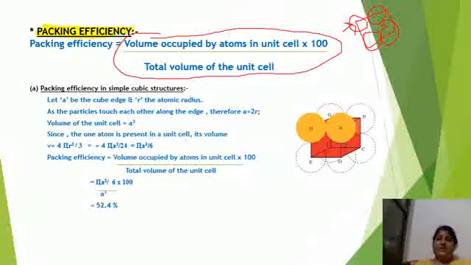For example, if we take a room, we have to find out the area of that particular room.